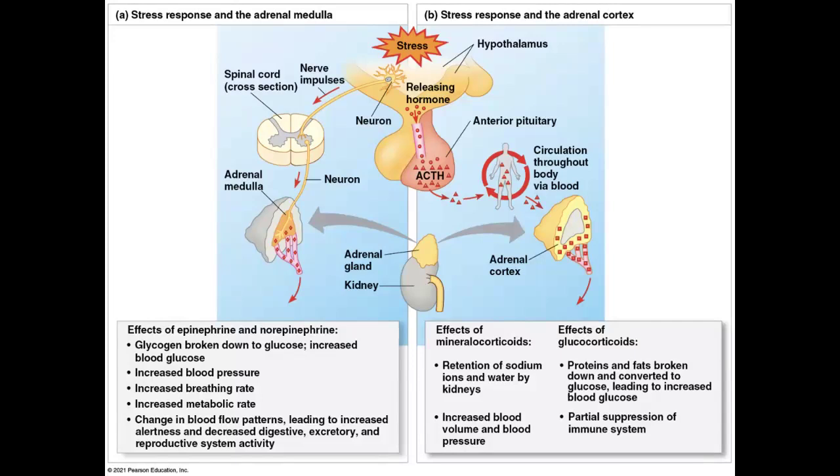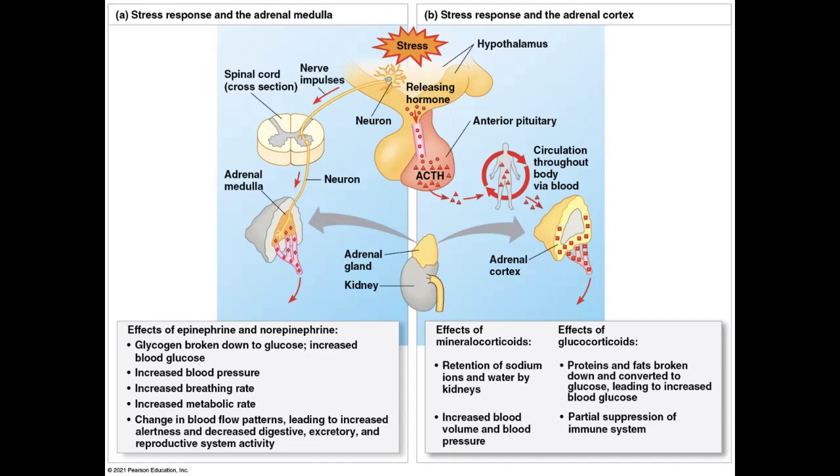This diagram depicts the overall stress response in the body. When a stress is encountered, nerve impulses will then be transmitted to the spinal cord. This will also be transmitted through neurons to the adrenal medulla to cause the release of epinephrine and norepinephrine from the adrenal gland.